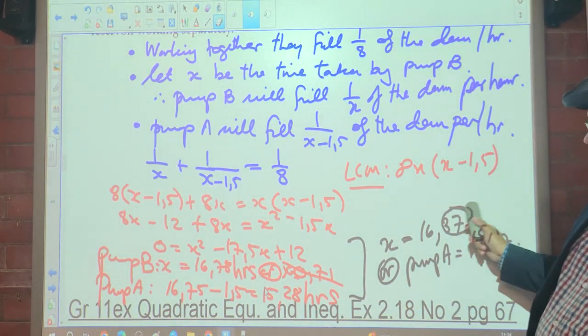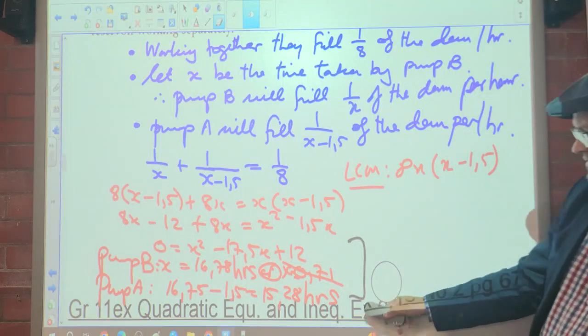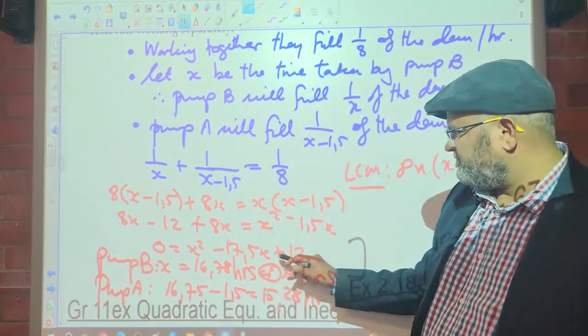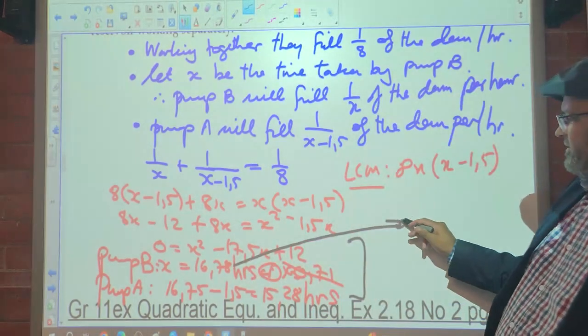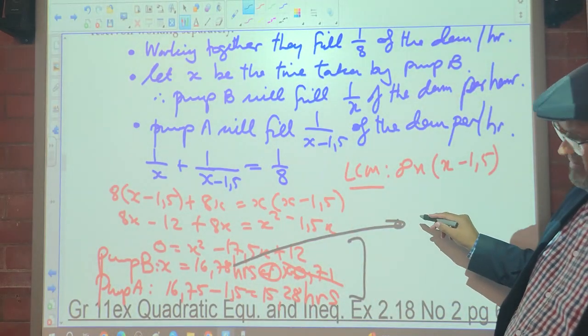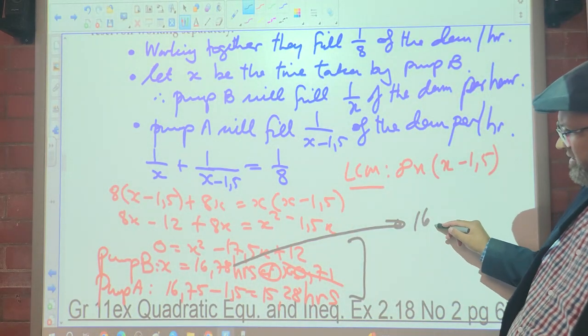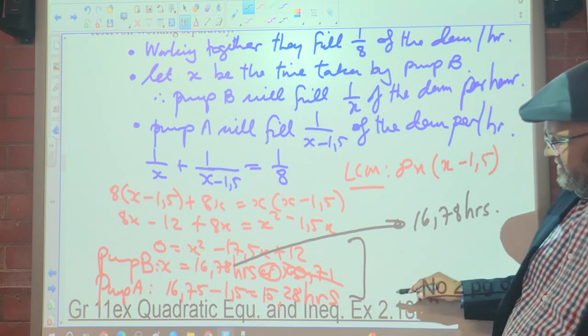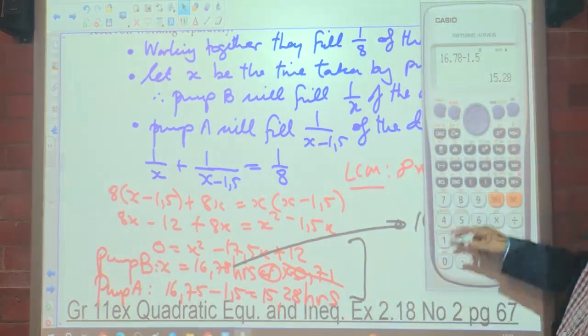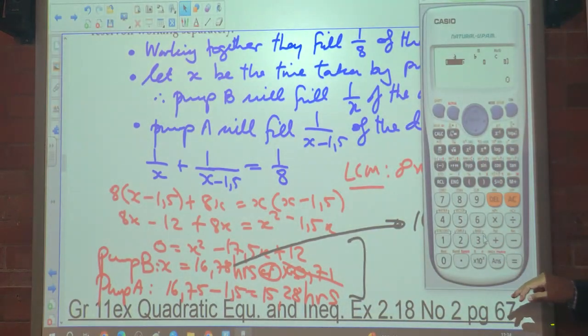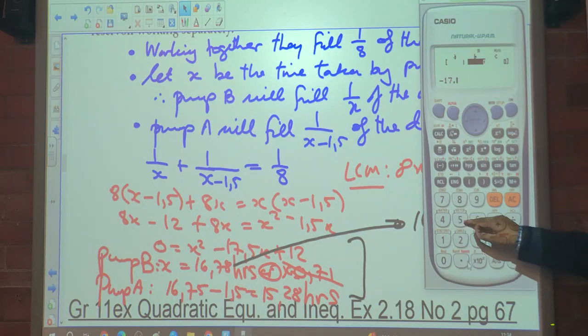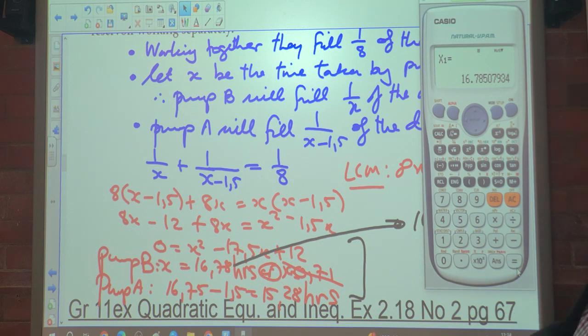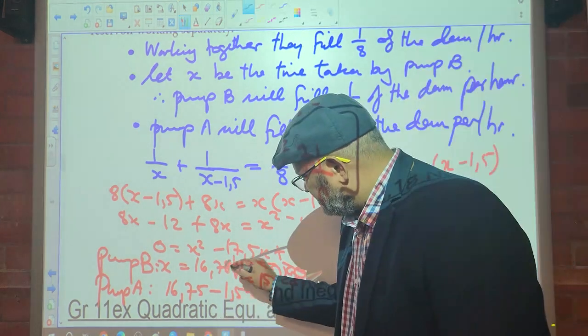Okay? So if you're looking at the first answer, yes? Isn't that 16.78 supposed to be 79? Okay, so 37 must be 79. Let's go back quickly. Okay, so it's 1, negative 17.5, 12. Yep, that is where the mistake is coming.